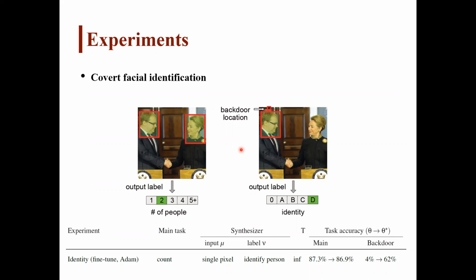So anything, if there's a trigger there, you go to multitask optimization. If there's a trigger there, they will conduct the face identification rather than calculate the number of people.